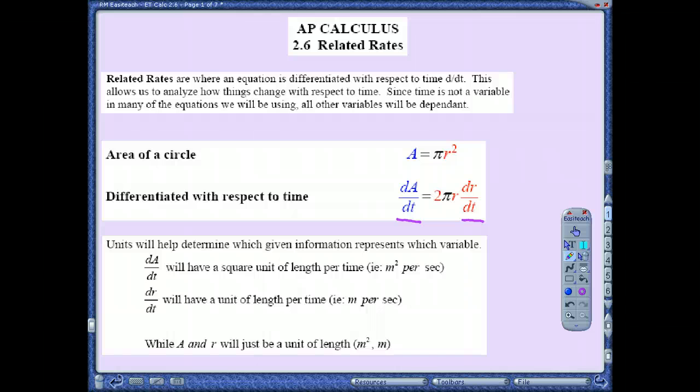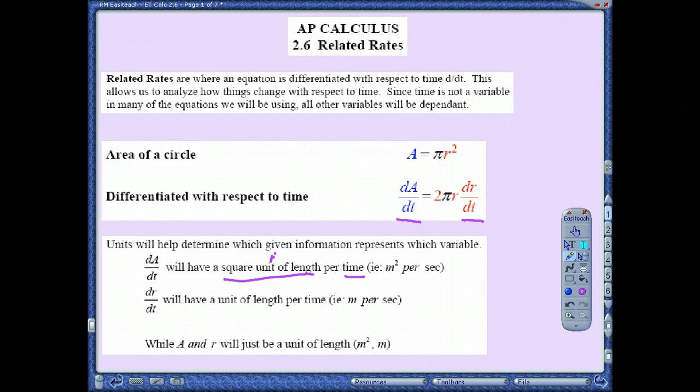Once you differentiate, you're going to be plugging in values. Just to make this a little bit easier, whenever you're plugging something in for a rate of change, dA over dt, dr over dt, that is how something is changing with respect to time. So dA over dt is going to have a unit that is a square unit of length per time.